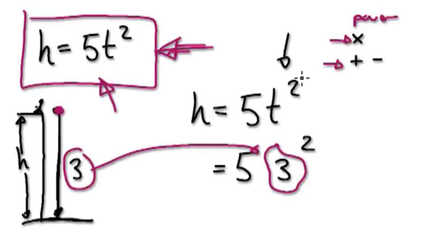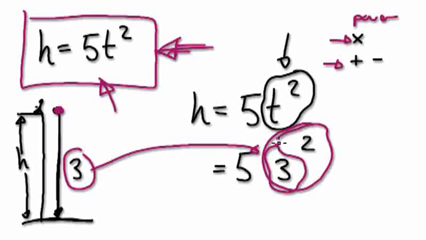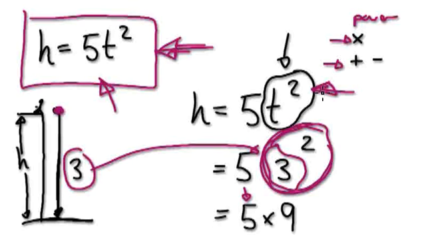So we've got to do this first. Power. We've got to work out this bubble first. So what I'm trying to say is that you've got to square this first. So 3 times 3 is 9. And then we'll take the 5 down. So basically the 5, take it down, and we just worked out this bubble here. So t squared is 9.